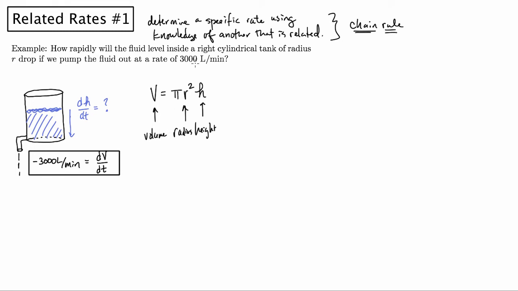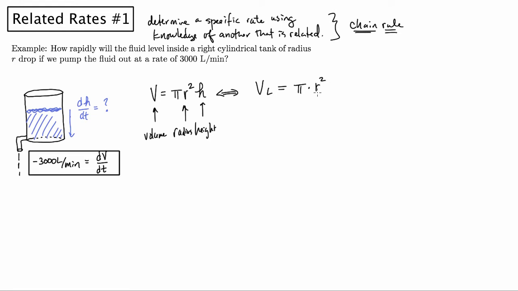Now, anytime that you have an equation like this, you should make sure that the units match up on both sides. And what I mean by that is, what we're given in this problem is that the volume is in terms of liters. So I'm going to draw in the units along with the components here. Pi times the radius squared.